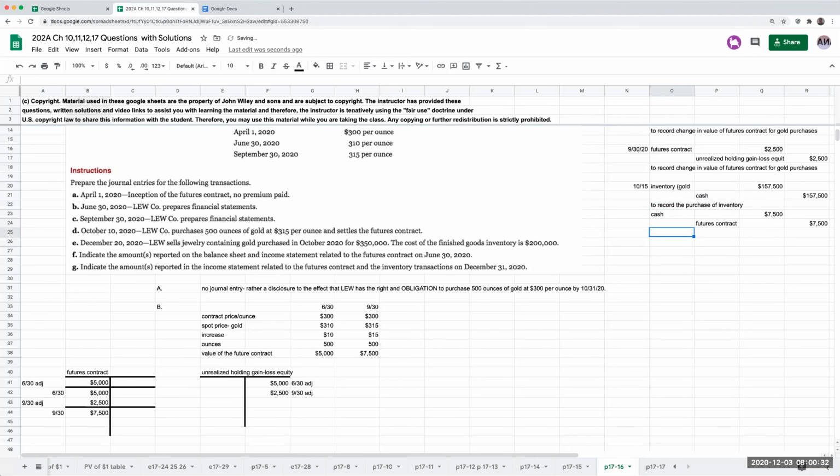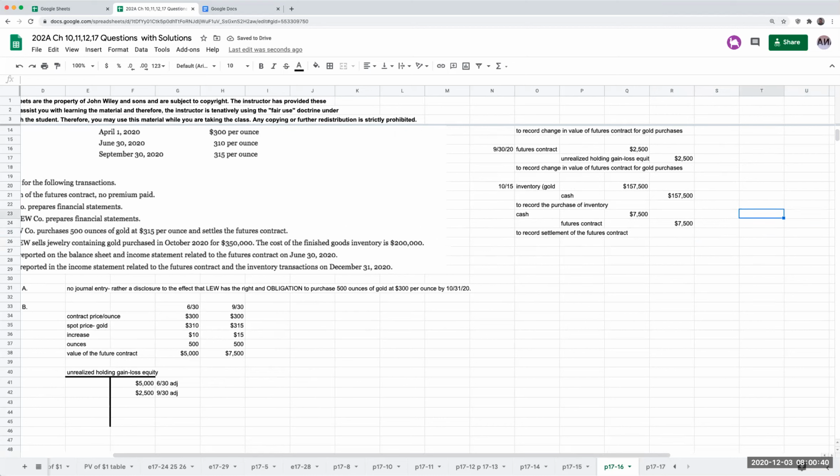And this over here is to record settlement of the futures contract. So in effect, what's happening here is that if I'm looking at the net amount of cash I'm paying, I'm paying 157,500, but I'm getting a rebate of 7,500, so I'm paying 150,000.